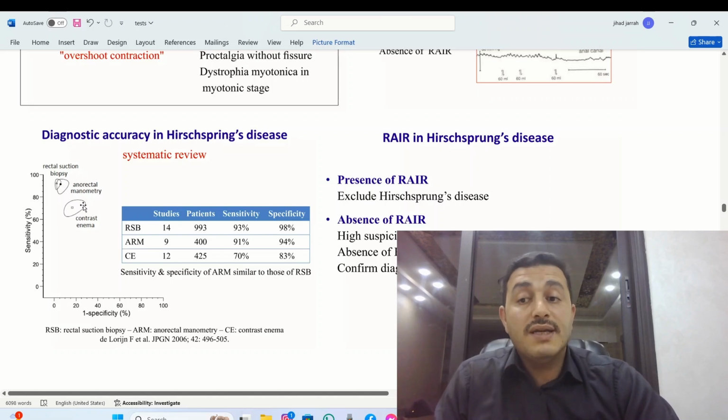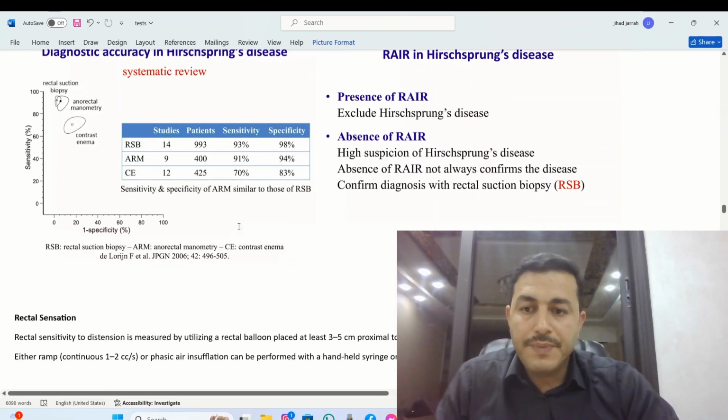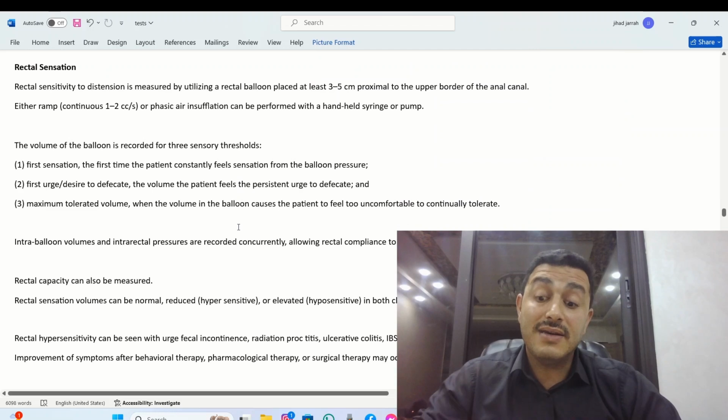Then we have anorectal manometry, which has a good sensitivity. The suction biopsy carries 93% sensitivity, anorectal manometry up to 91%, and contrast enema 70%.